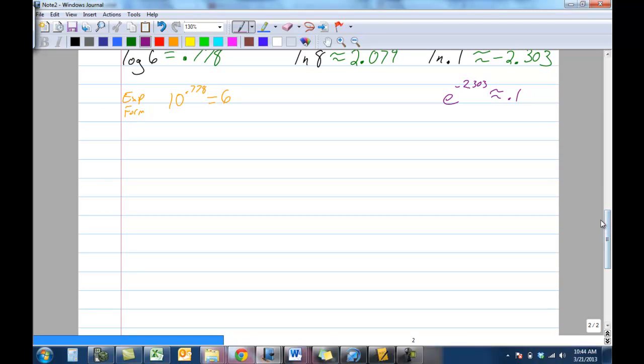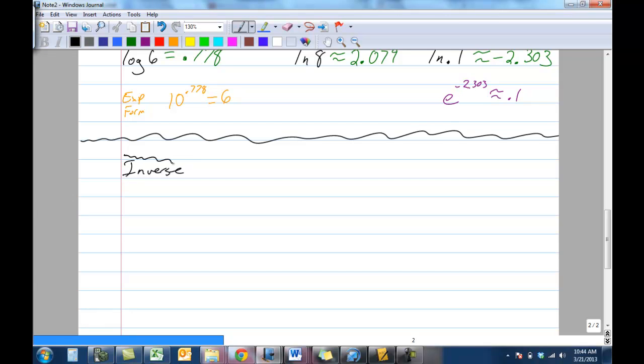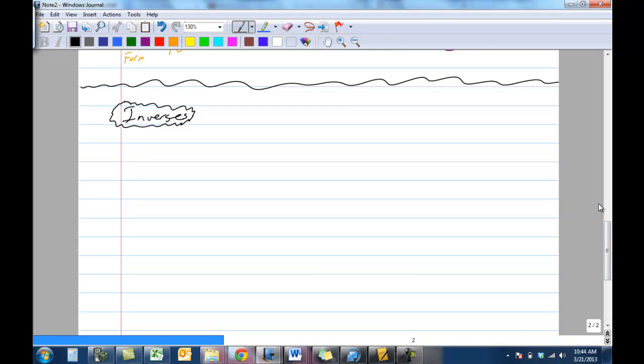Okay, so if you've been hanging on for logs so far, this is where I either lose you or make you angry. This isn't going to make sense, all right? But we're going to talk about inverses, the inverses of logs. Guys, I want to apologize here.